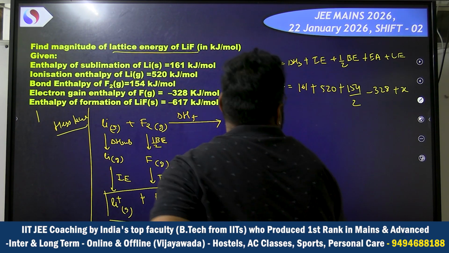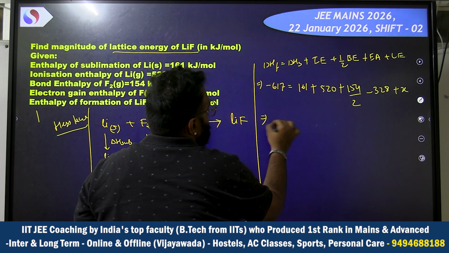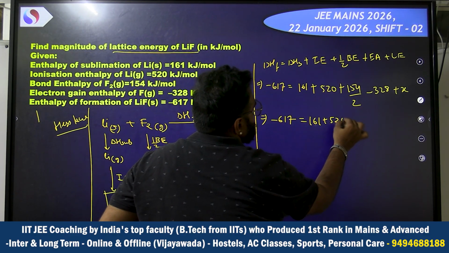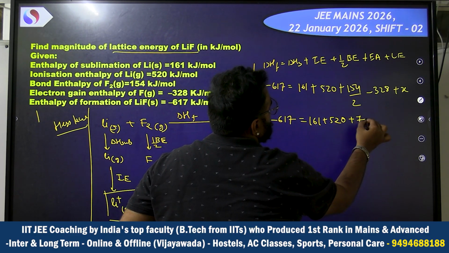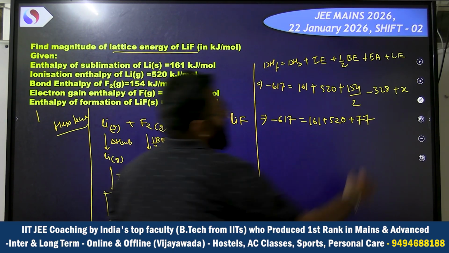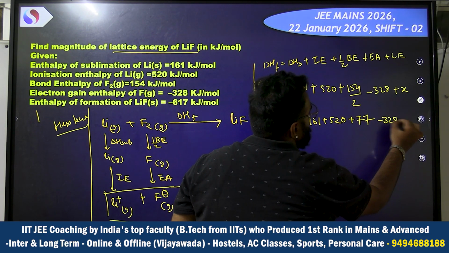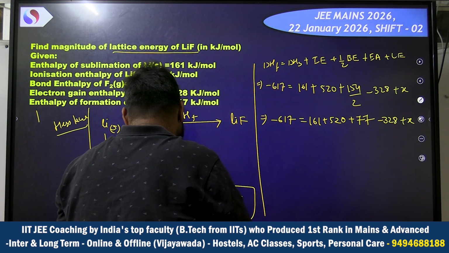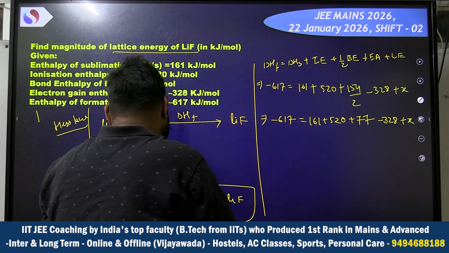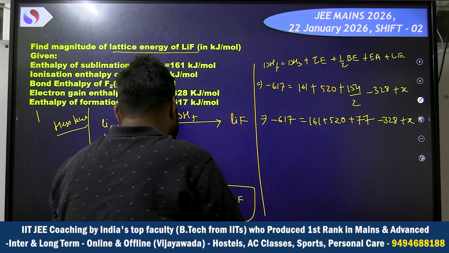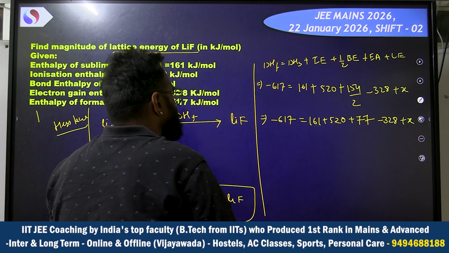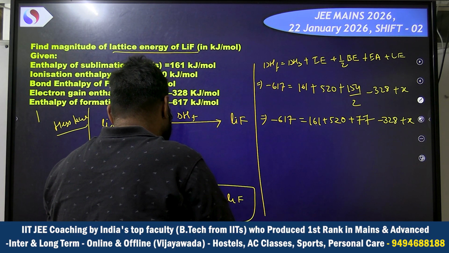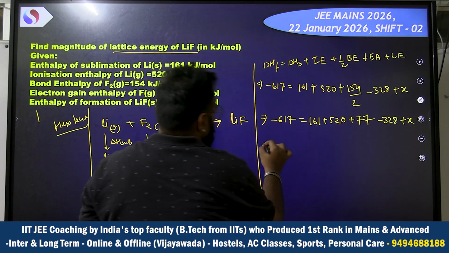So let's calculate the total. Minus 617 is equal to 161 plus 520 plus this will be how much? 77, minus 328 plus X. So let us calculate all these values. 161 plus 520 plus 77 minus 328, 430.